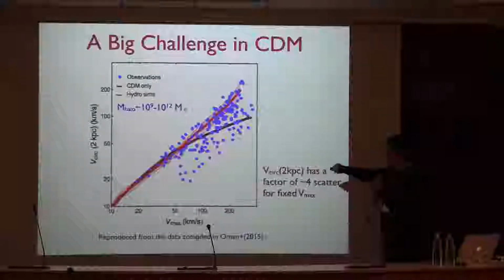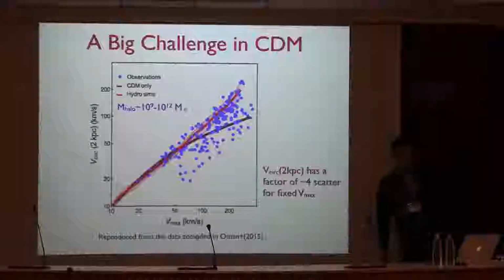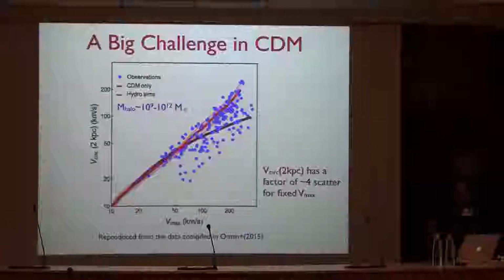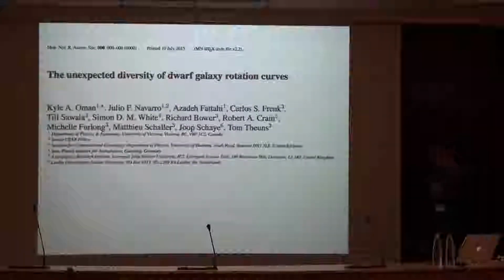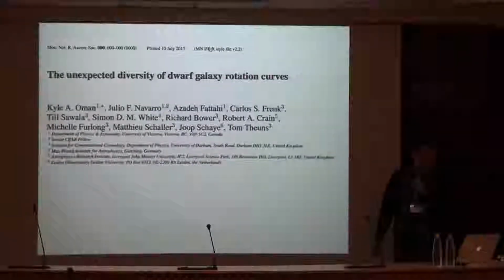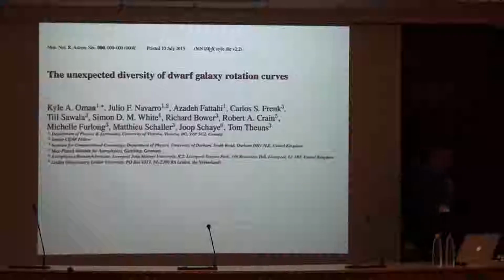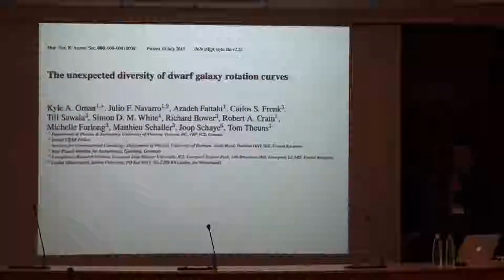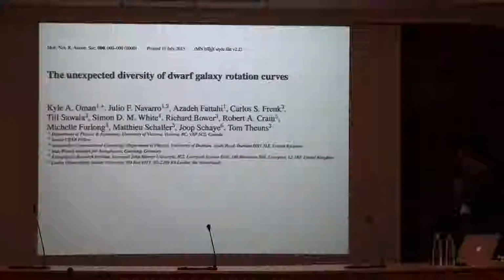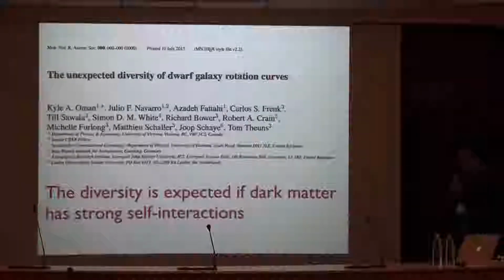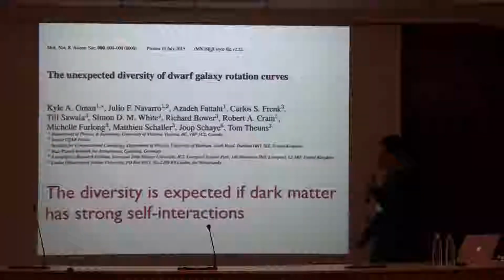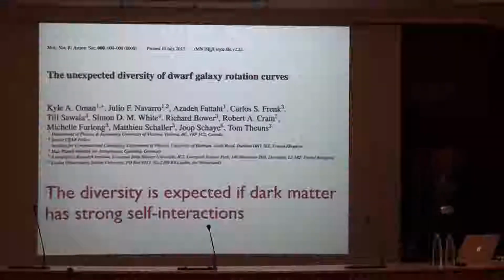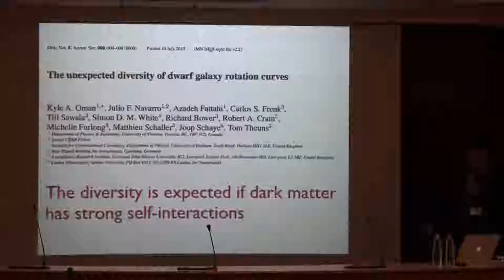You see the observed spread is much bigger than the theoretical predictions. So it means that the observed diversity in the rotation curve is bigger than what you would expect from lambda CDM cosmology. In the rest of my talk, I'm going to show you that the diversity is expected if dark matter has strong self-interaction.